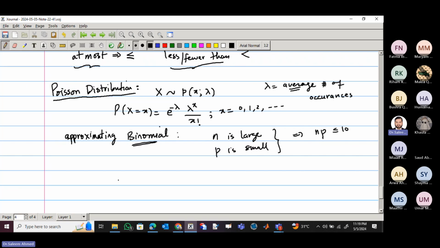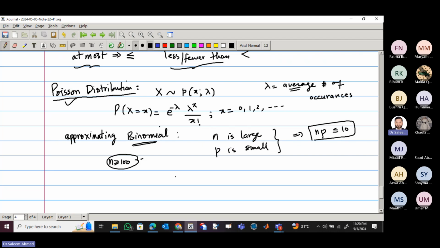Usually they say n has to be greater than 100 and p has to be very small so that np is less than 10. Then we can use Poisson for binomial.